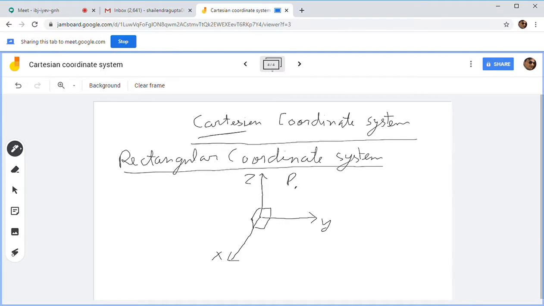If you want to move from the origin to P, you can move only in x, y, or z direction. By moving in these directions, you can go to P. Like if you have to go to P, this is minus x direction.